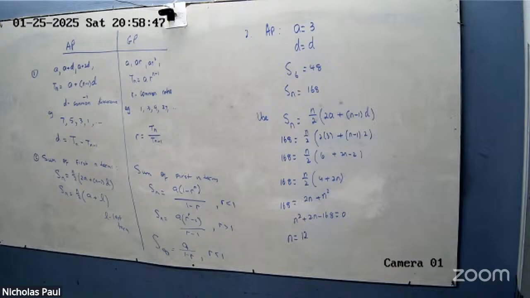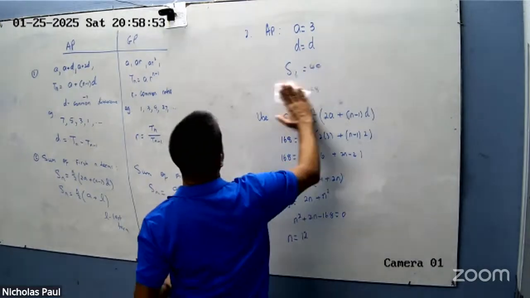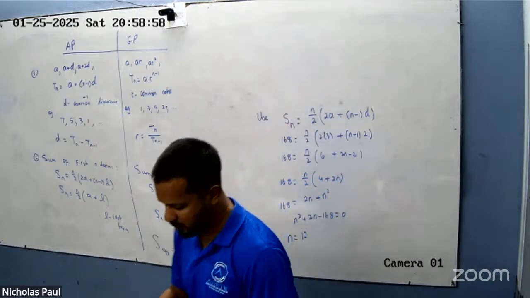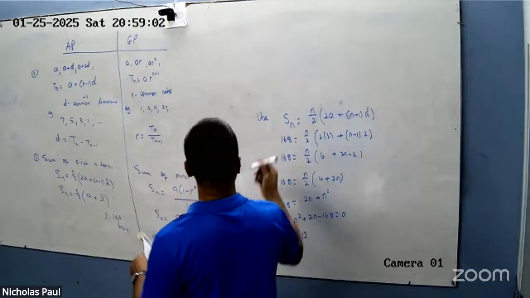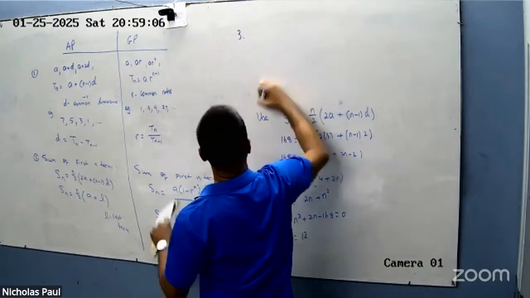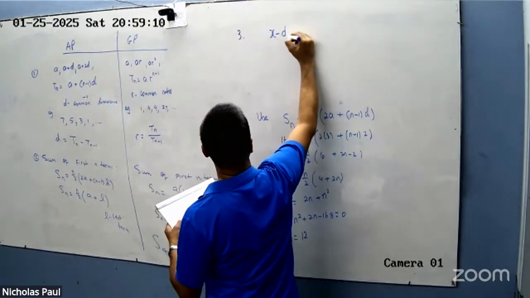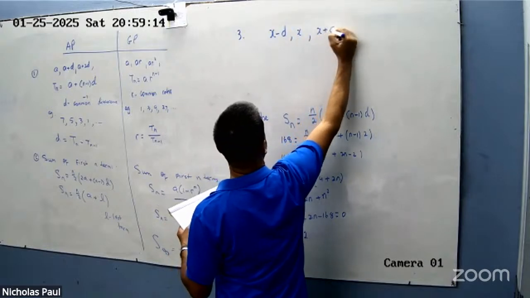Three consecutive terms. I'll write them down so we don't mix it up. Three consecutive terms of an AP: x minus d, x, and x plus d.